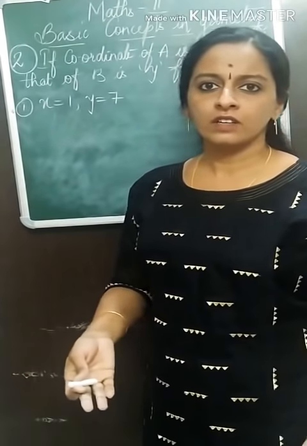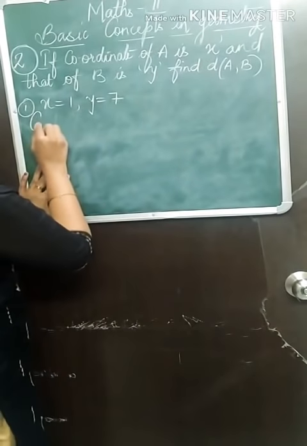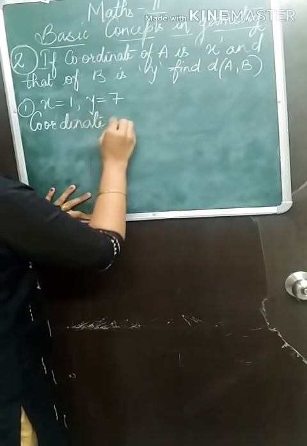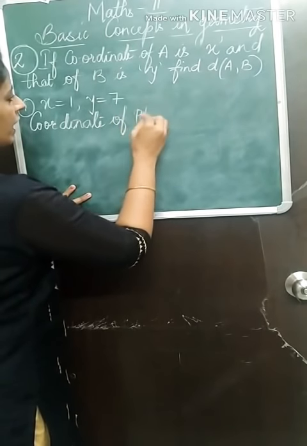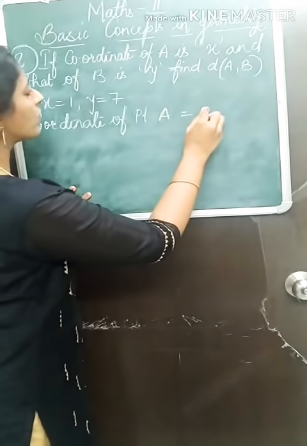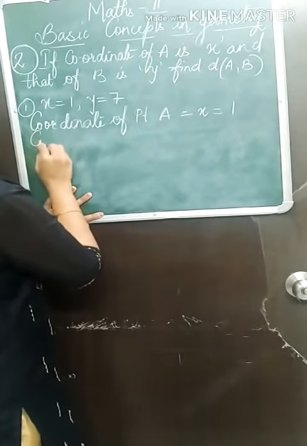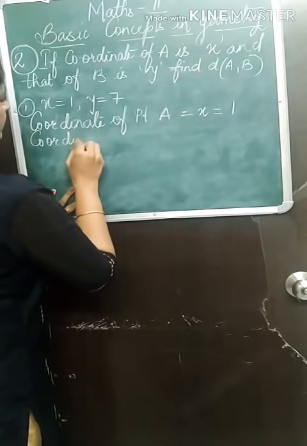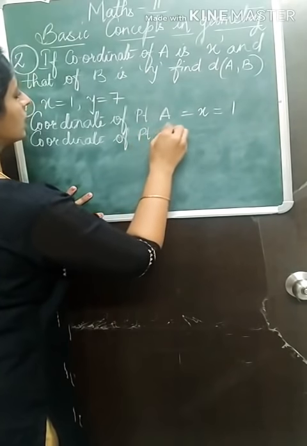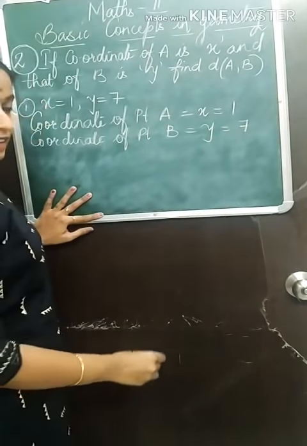Very easy. Same method. We will start with the coordinate of point A. Coordinate of point A is equal to x, which is 1. Coordinate of point B equal to y, which is 7.